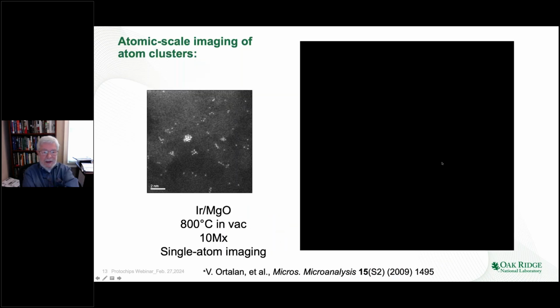And so about one of our next experiments where we did high resolution imaging was looking at iridium on MgO at 800 degrees centigrade, 10 million X imaging to show how single atoms behaved and clustered up.